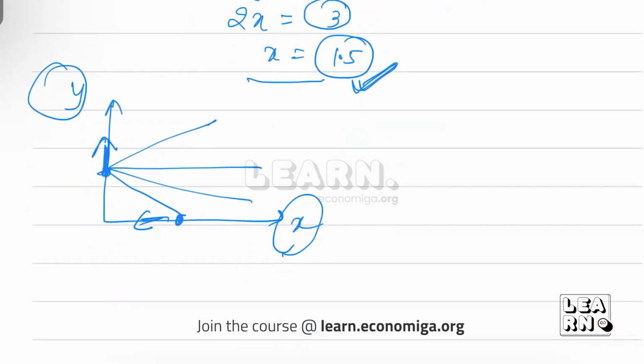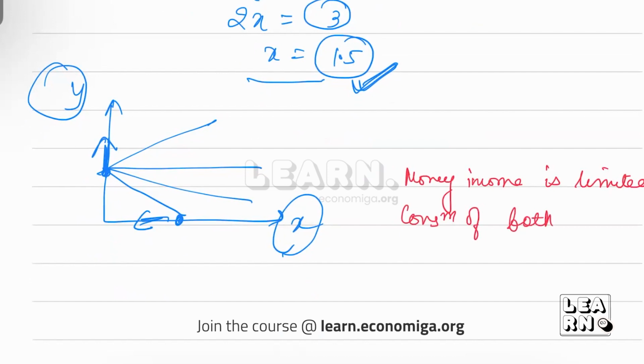Because the consumer's money income is limited, consumption of both goods can't rise simultaneously. Consumption of one good can rise only if the other good's consumption falls.